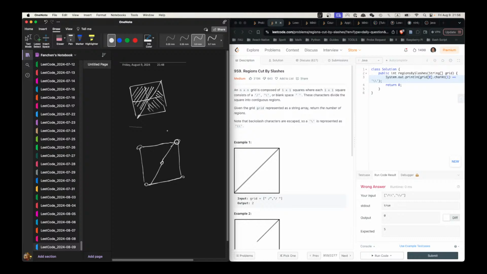Okay, and how do I do that? Unique cycles.